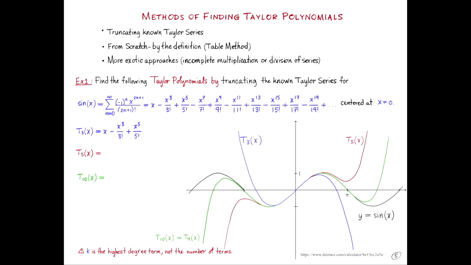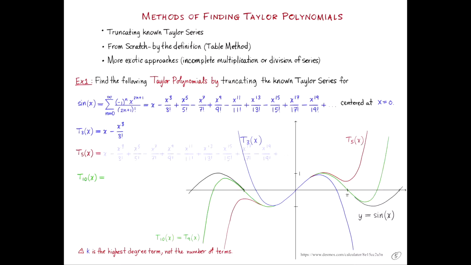But remember that we're looking for the third degree Taylor polynomial. K is the highest degree term, not the number of terms. So if we want the third degree Taylor polynomial, that means the highest degree term should be x cubed. So we keep erasing, giving us that the third degree Taylor polynomial is equal to x minus x cubed over 3 factorial.